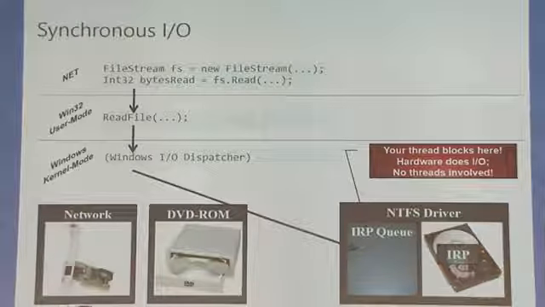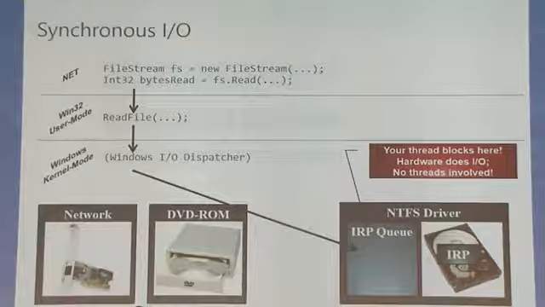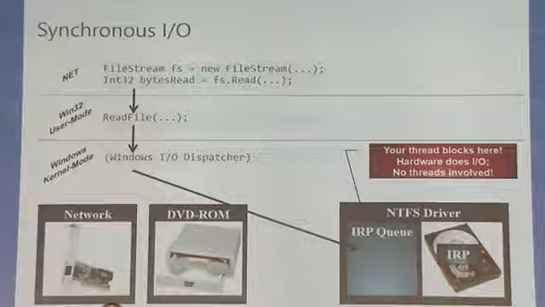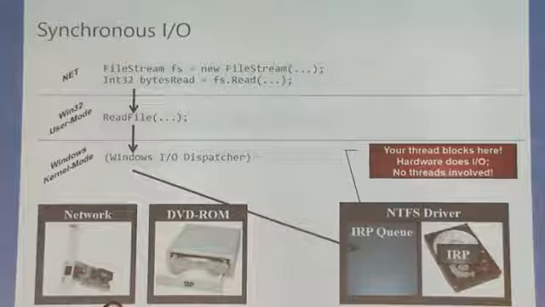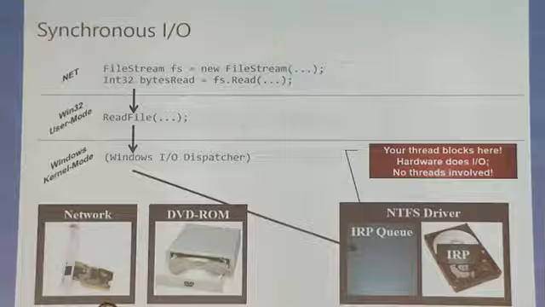Now, you might think this is fine, but it's not. Remember, threads have overhead. You paid a big expense in order to create this thread. You wasted time to create the thread, and you allocated a megabyte of memory. And now the thread is sitting here doing nothing, which means you've wasted all of that energy that you've created. And that makes your program very inefficient.